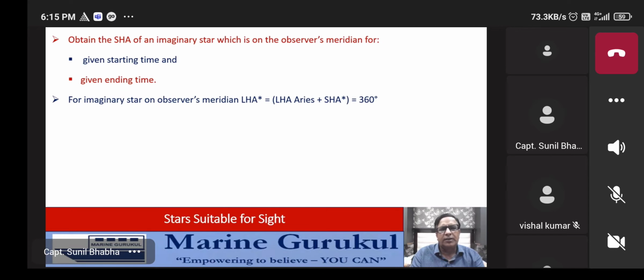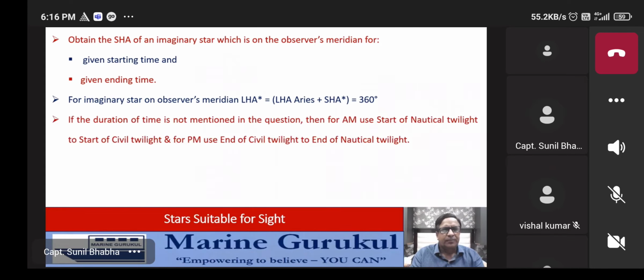We know how to calculate the SHA of an imaginary star on the observer's meridian. We can equate the LHA of that imaginary star to 360, and this LHA is equal to LHA Aries plus SHA of the imaginary star. We have already calculated in the first question, and we can repeat that process out here.